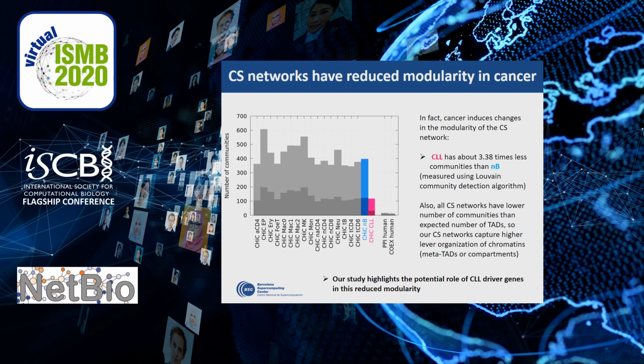So whatever is happening in leukemia, it's inducing a reduced modularity in the chromatin structure network. I'm not going to present this in the presentation, but it's reported in the paper: in our study, we highlight the potential role of the cancer driver genes in this reduced modularity in leukemia.